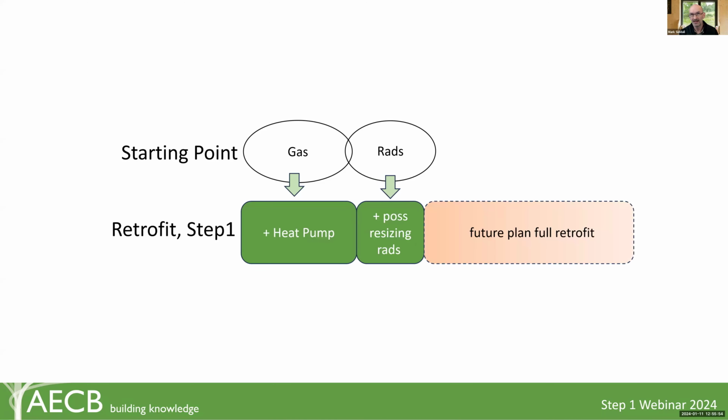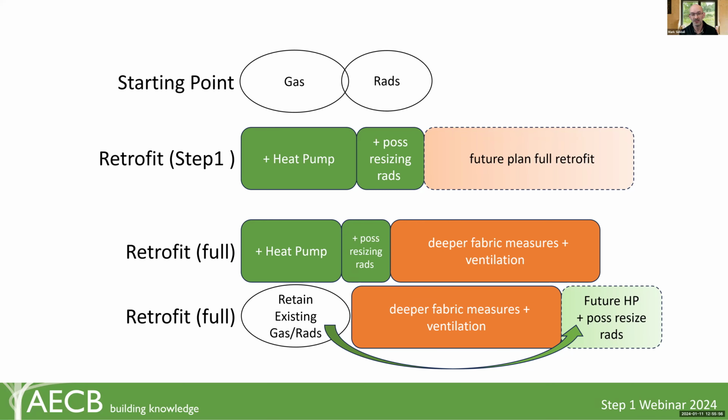So getting the air tightness in place, getting ventilation strategies in place, so MEV or MVHR, to suit the later improvements, means that we're preserving good indoor air quality throughout the duration of the retrofit process, and therefore safeguarding the health and well-being of the occupants and the users of the building.